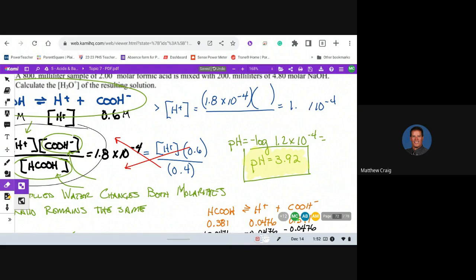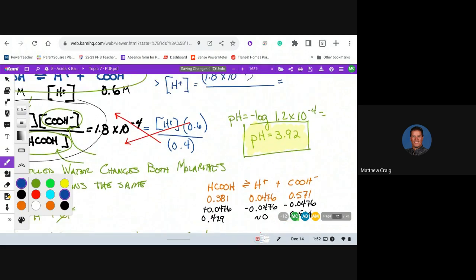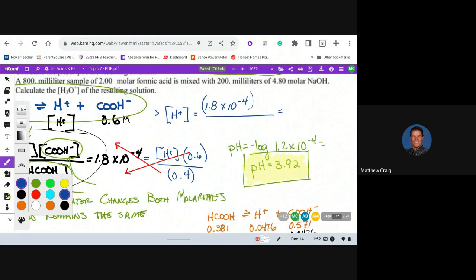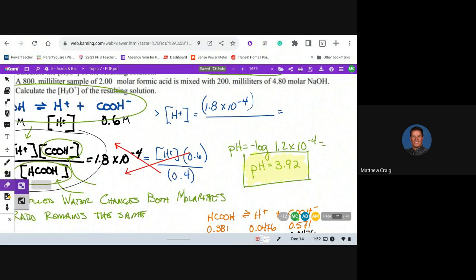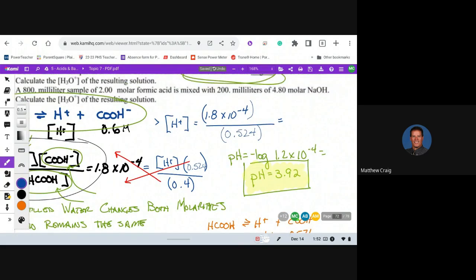Hang on here. I got the same thing. I used Tinder's list and I checked it. So what was it again? 0.524. So that would be on the bottom. Is that what you did? Yeah. Okay. And then the 0.429.